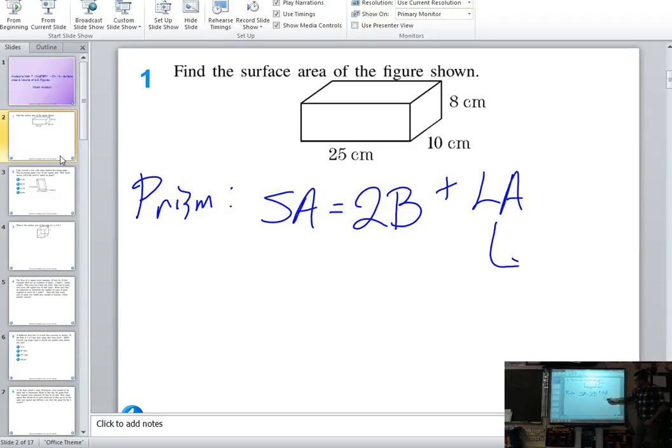And that lateral area, there's a formula inside the formula, is the perimeter of the shape times the distance between the bases. Here, we don't have to use the cursive L, we can just use the height. You don't have to call it height, but that's often what we represent it as.